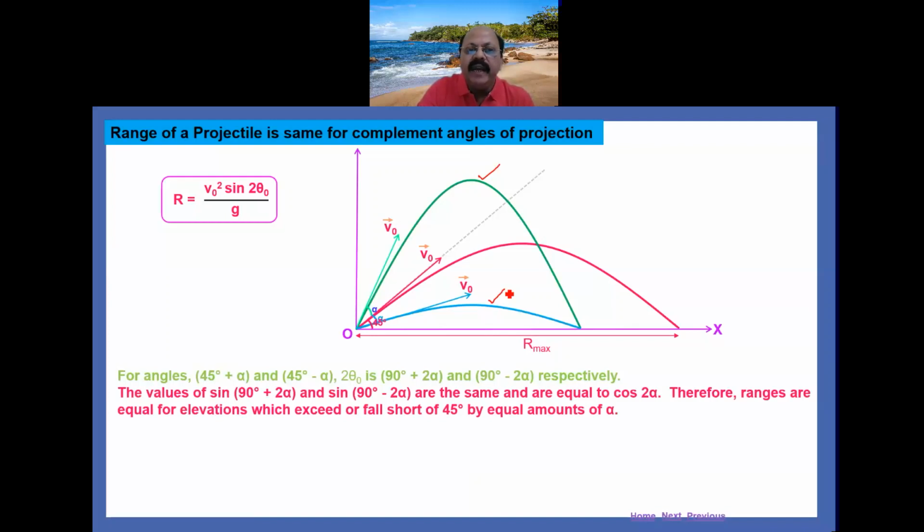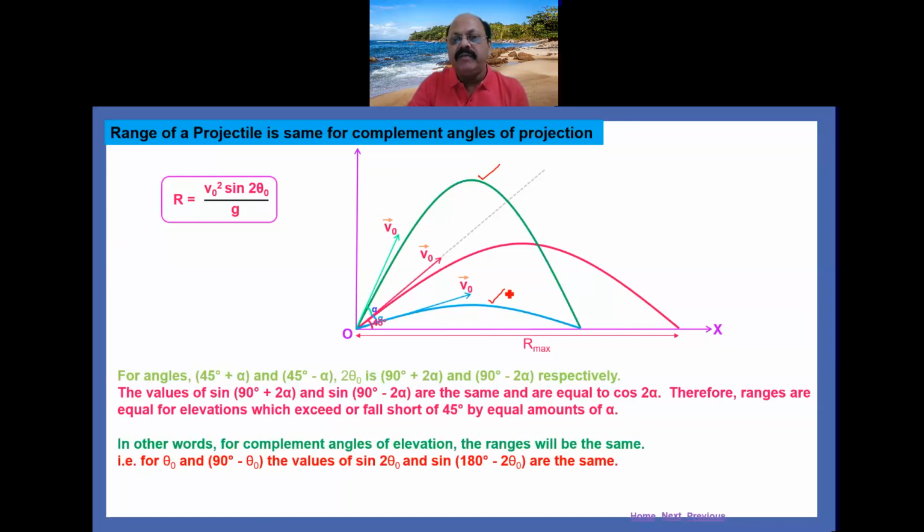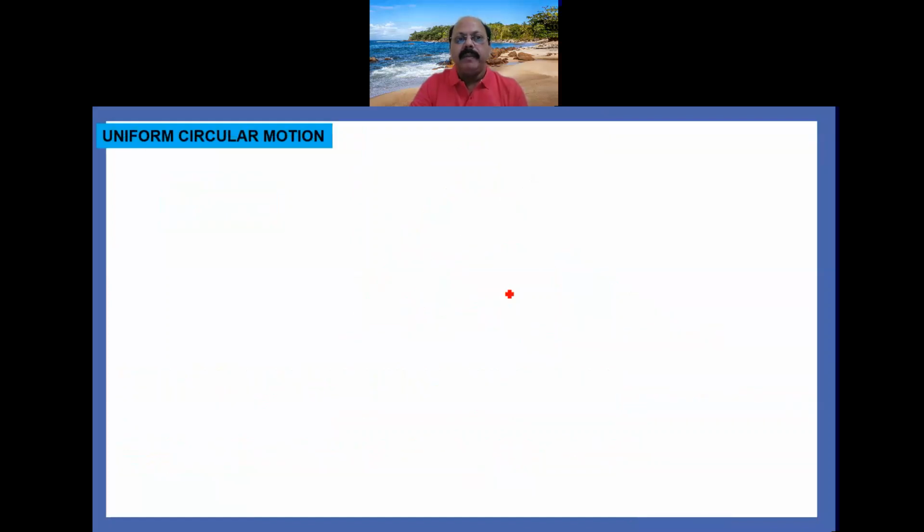So the values of sine 90 plus 2 alpha and sine 90 minus 2 alpha are the same and are equal to cos 2 alpha. Therefore ranges are equal for elevations which exceed or fall short of 45 degree by an equal amount alpha. In other words, for the complement angles of elevation, the ranges will be the same. That is for theta naught and 90 degree minus theta naught, the values of sine 2 theta naught and sine 180 degree minus 2 theta naught are the same.